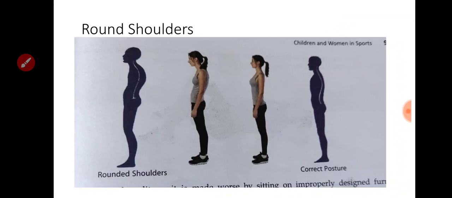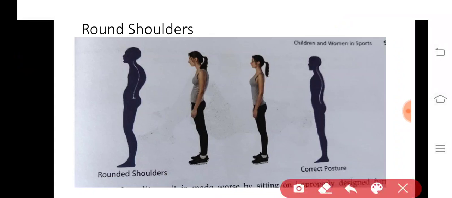The last one is round shoulders. In round shoulders, you will see that the person has a bit of a hump. The abdomen is coming out from the center of gravity line, and the neck is a bit ahead.